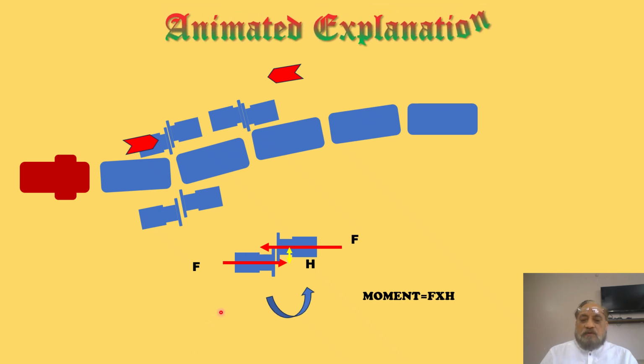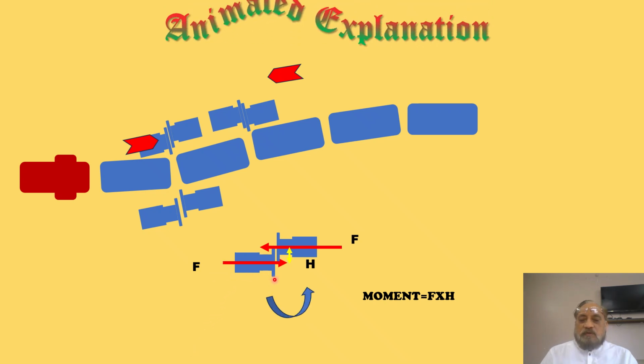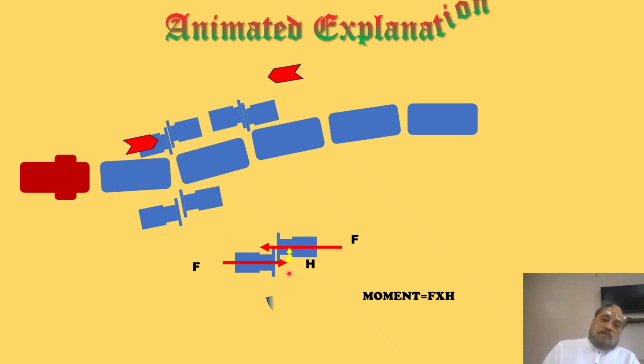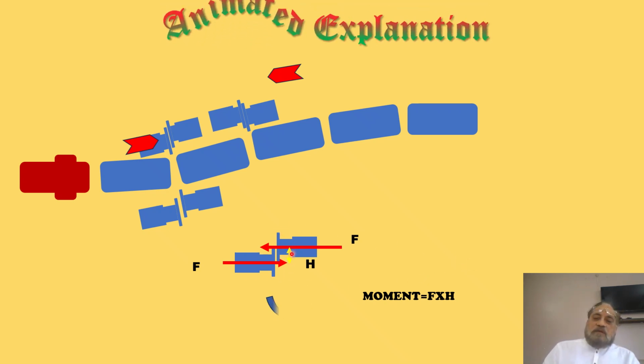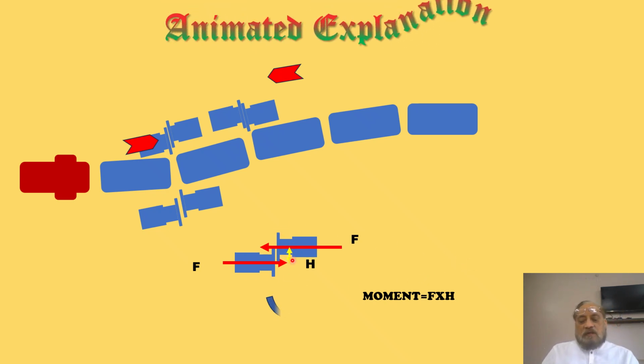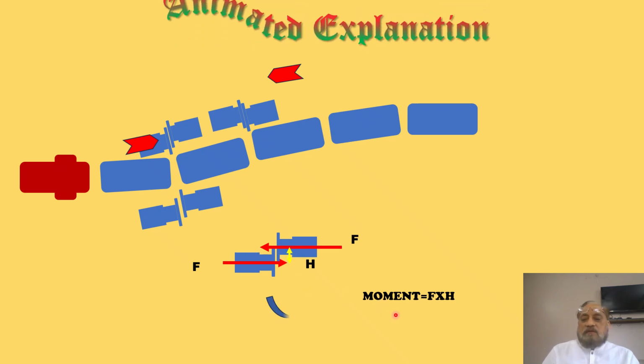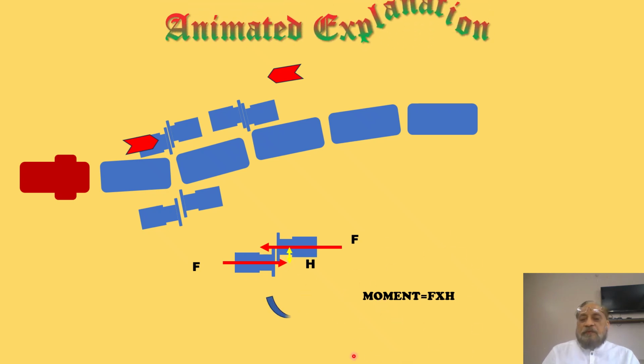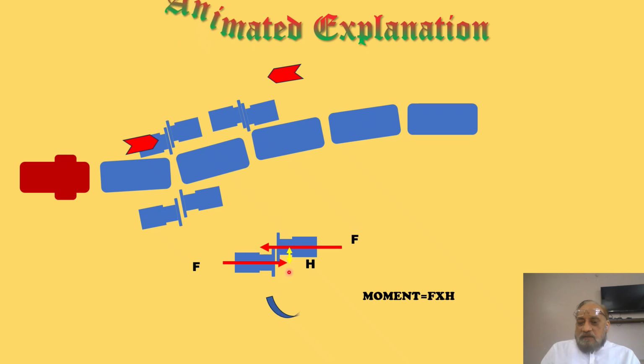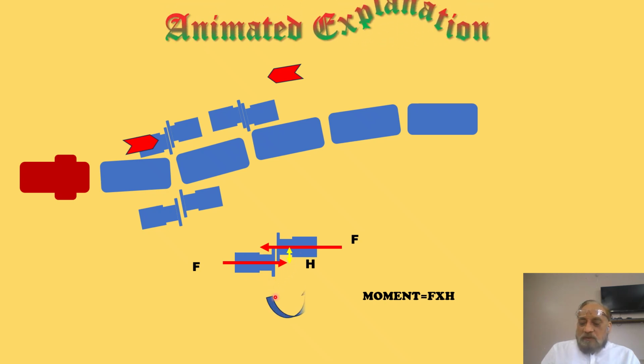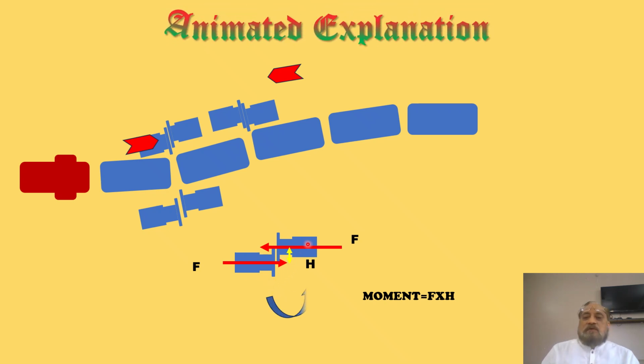Now suppose this is pushing this way from left to right of your screen, and this force is this way, and the line of action is separated by distance h, then this is the moment. और ये pushing अगर है तो ये high है, ये low है, then it will cause lifting of this wheel.